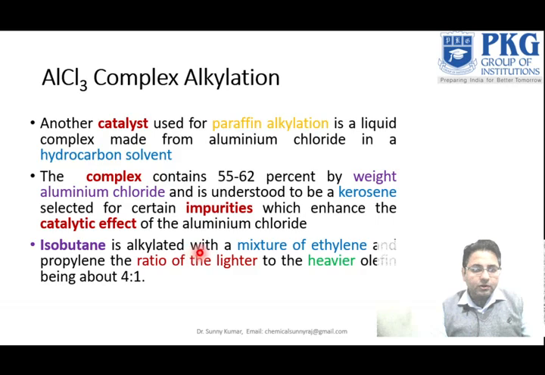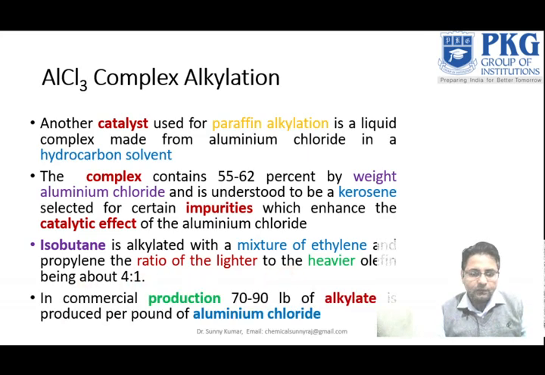The isobutane is alkylated with a mixture of ethylene and propylene, the ratio of the lighter to the heavier olefins being about 4:1. In commercial production, 70 to 90 lb of alkylate is produced per pound of aluminum chloride.